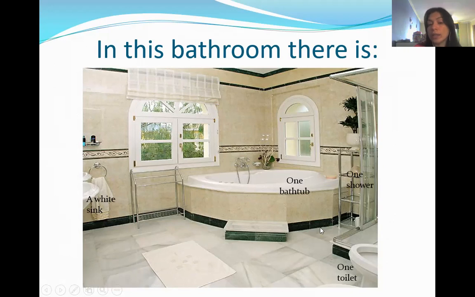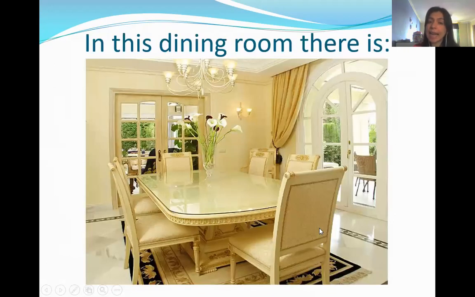There is 1 toilet. In this dining room, there is. In this picture, you have to watch what objects there are. A curtain. There is a curtain. Hay una cortina.